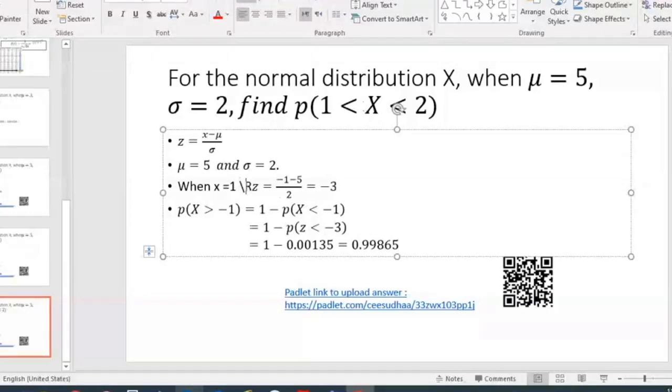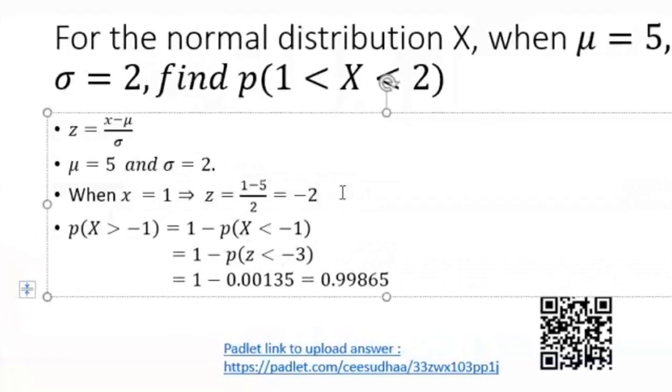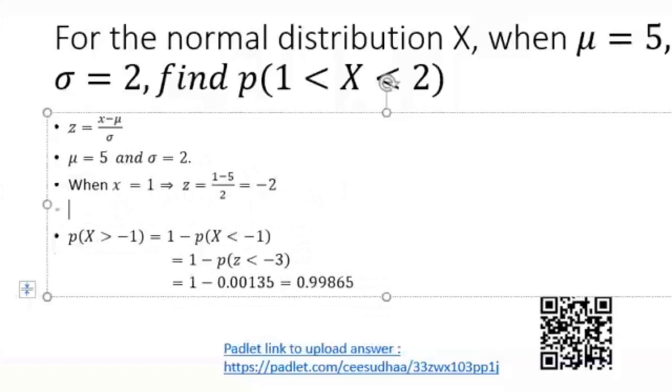When x is equal to 1, you get z equal to x minus mu by sigma, that is minus 4 by 2, it's going to be minus 2. Now again let us take when x is equal to 2, the second value.